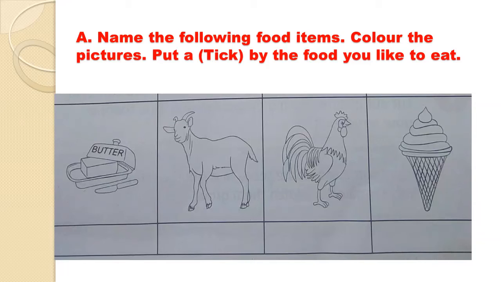The color of goat is black. The color of goat is white, etc. And the next one is hen. The color of hen is? Yes, I write here hen, and the color of hen is, about my choice, white.